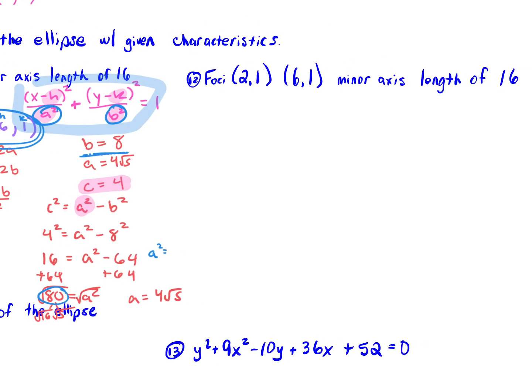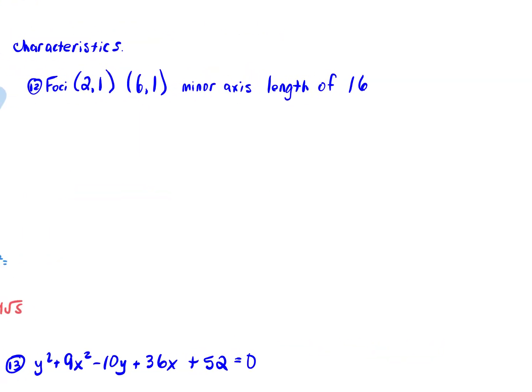Let's look at 12. So first thing we want to do is plot the points that it gives us. So we have 2, 1, and 6, 1. So we go to the right 2, up 1, go to the right 6, up 1.